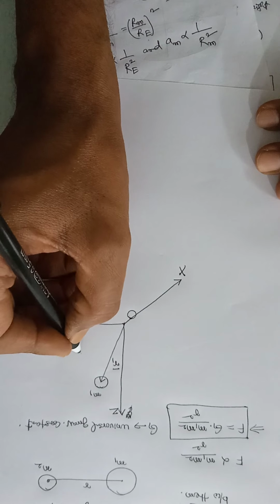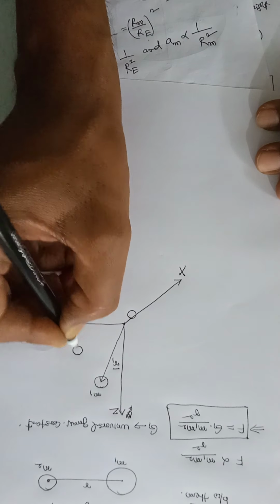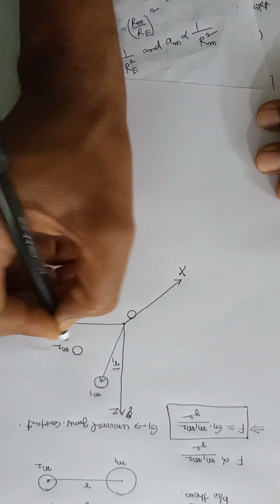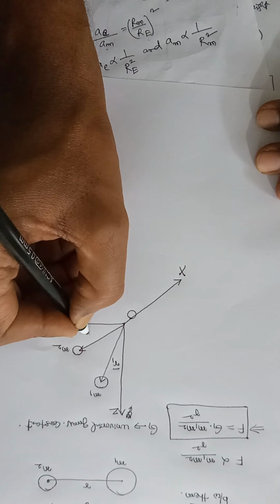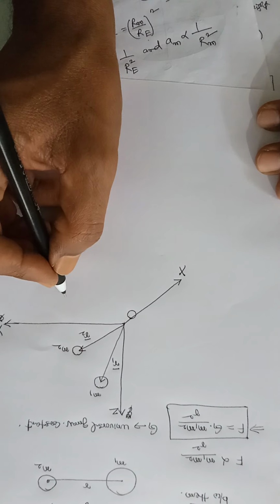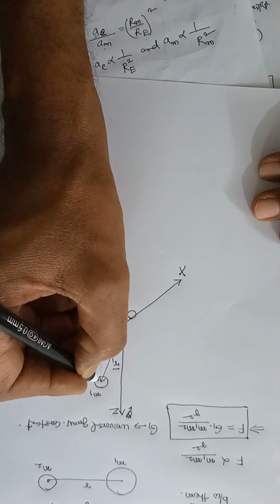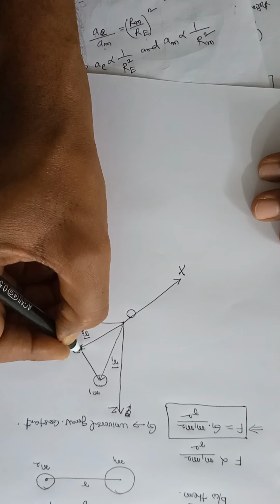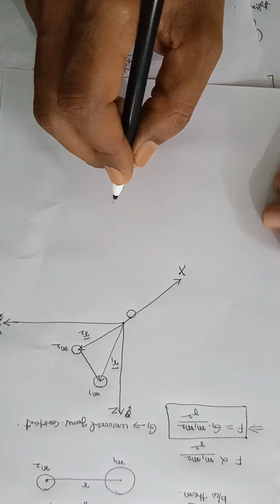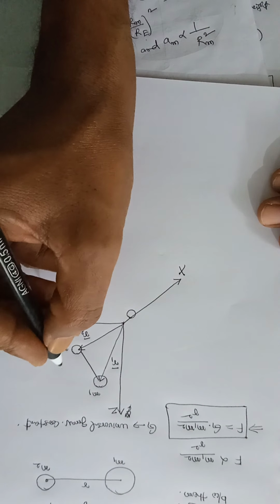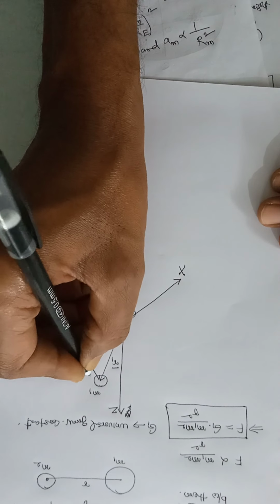Let us take another mass here, m2, whose position vector is r2. If you want to find the distance between them, it is given by r12 bar.